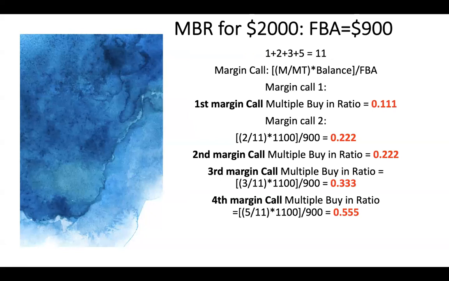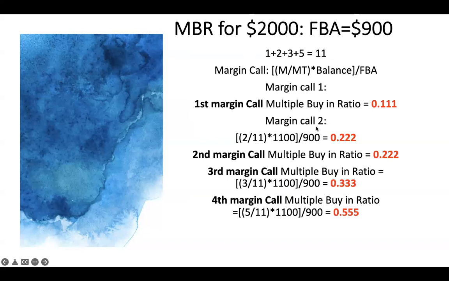Now, the same thing applies, and I'm just putting it all together here. Whether you're doing $1,000, $2,000, $3,000, or $500, your multiple buying ratio will remain the same. And I tested this. Remember how we got the first margin call, 0.111?